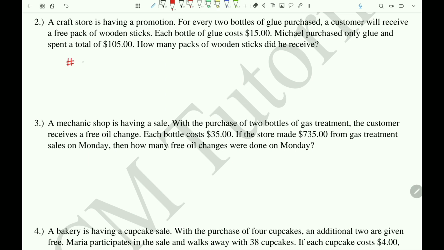So we'll say number of bottles of glue bought. Now if he spent $105 in total and each bottle cost $15, we will divide 105 by 15, and that gives us 7 bottles of glue.